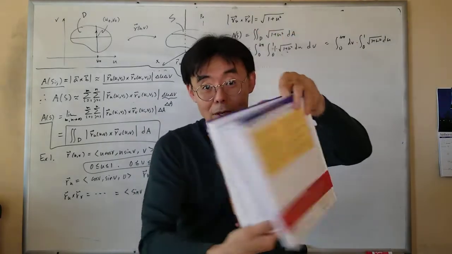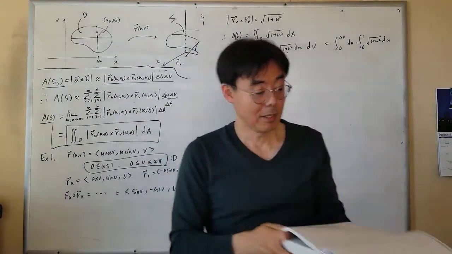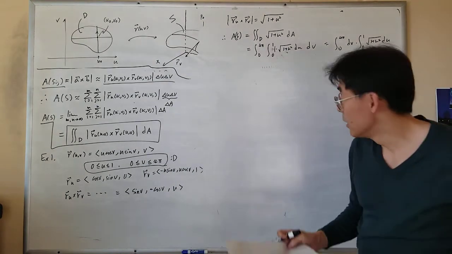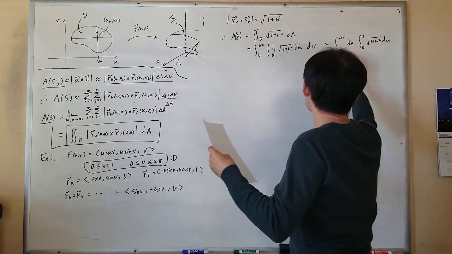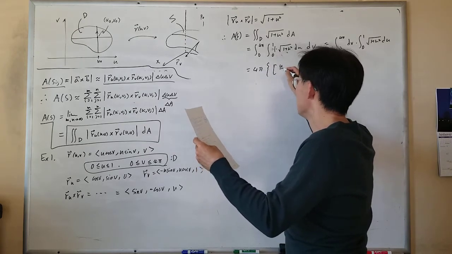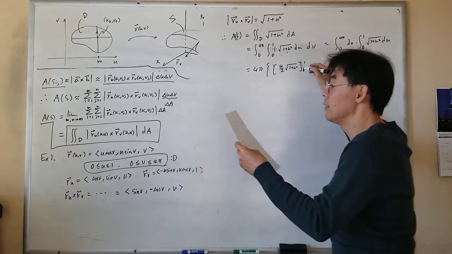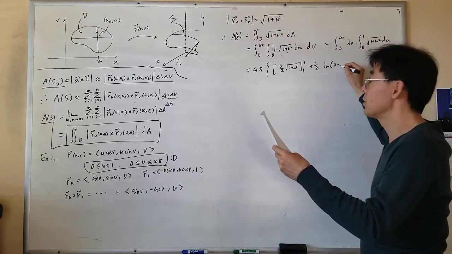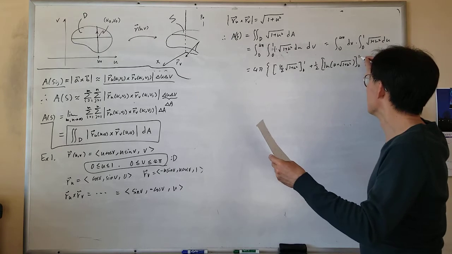Number 21 on your textbook back page. That is this. Then you can write this as 4 pi, and then u over 2 times the square root of 1 plus u squared, plus 1/2 ln of u plus the square root of 1 plus u squared, from 0 to 1. Okay?